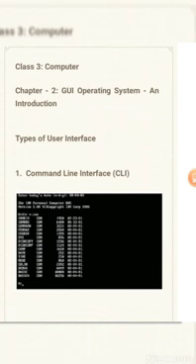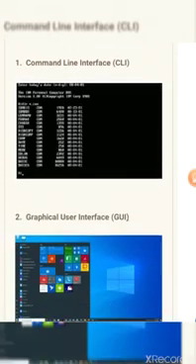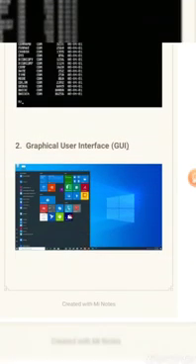You can see on the monitor, this is how the screen used to look like with the command line interface. There were no pictures, and you cannot understand what is being shown here if you don't know how to give commands through text.